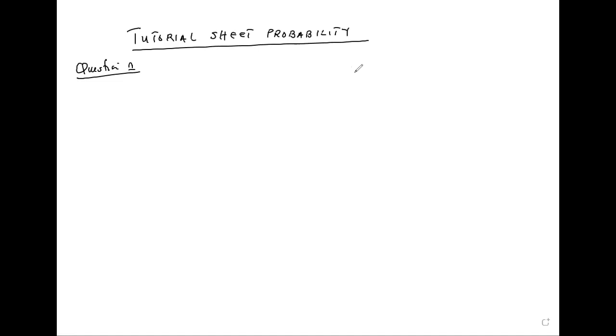Question 1: if A and B are events such that the probability of A is half, the probability of B is 1/3, and the probability of A union B is 2/3.